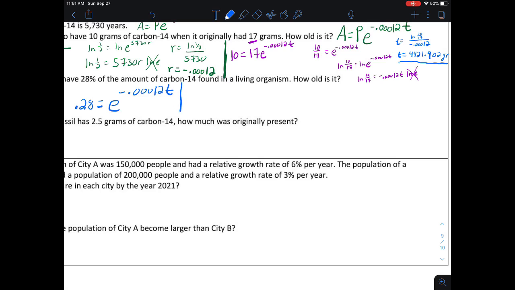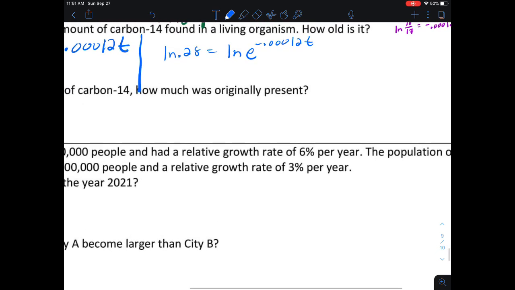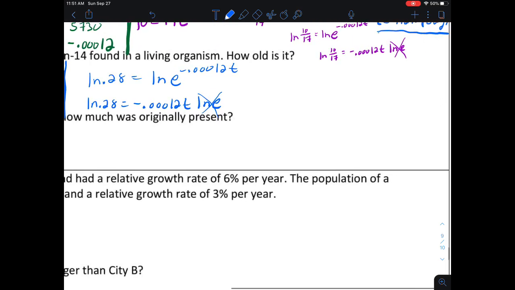And so using our same process, we take the ln of both sides. So the ln of 0.28 is equal to the ln of E to the negative 0.00012 T power. Bring our exponents out front. So we'd have the ln of 0.28 is equal to negative 0.00012 T times the ln of E. The ln of E is 1, so I'm just going to cross that out.